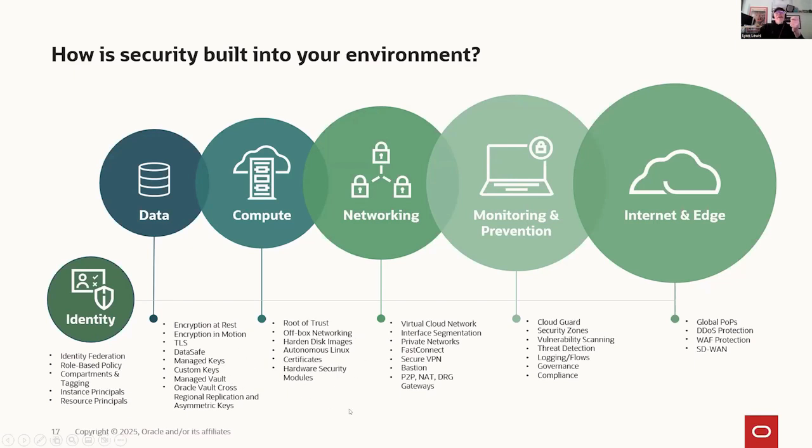Let's see if I want to jump out anything else. Oh, because we're logging everything, number one, you have access to those logs. In addition to that, we've written a lot of software around that logging, which is essentially anomaly detection for anything that's different. We've set up different tools for that, whether it be Cloud Guard, Security Zone, vulnerability scanning, threat detection.